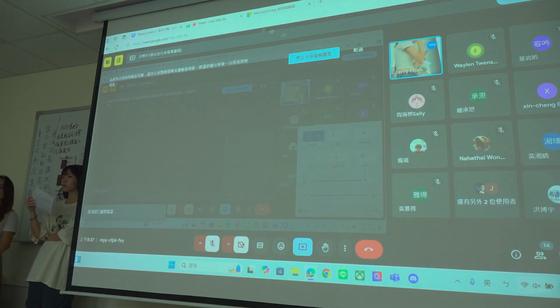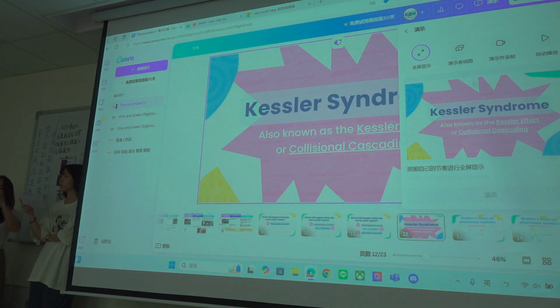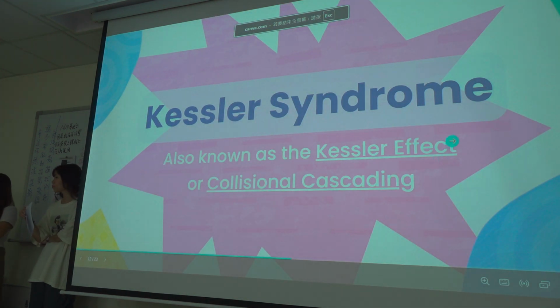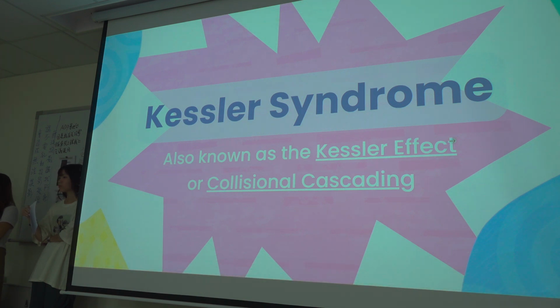Kessler syndrome is also known as the Kessler effect or collisional cascading. In a scenario described by the Kessler syndrome, space pollution has led to a significant amount of debris in orbits around Earth. The high density of objects increases the likelihood of collision, which can create a cascade effect, where each collision generates more space debris, further heightening the risk of additional collisions.